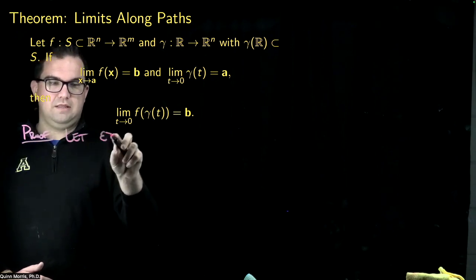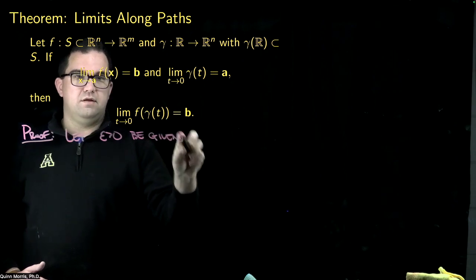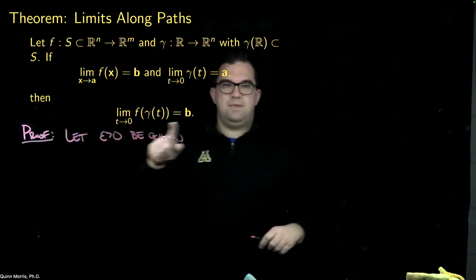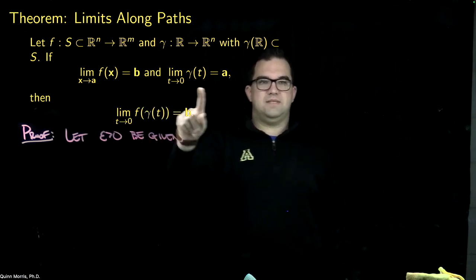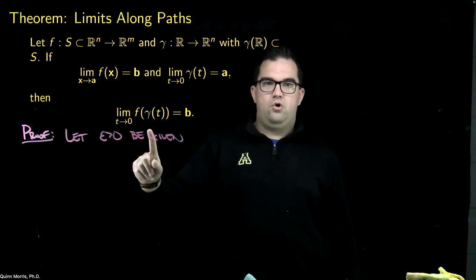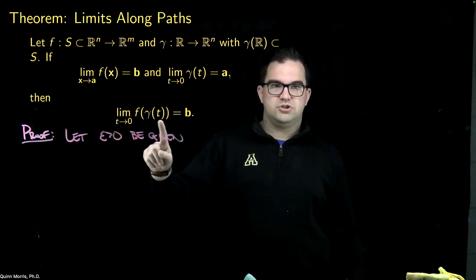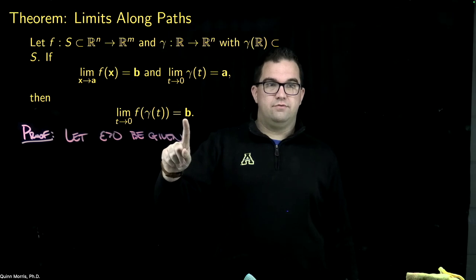So unsurprisingly, let epsilon greater than 0 be given. Our goal is to show that this limit is equal to b. We get to assume each of these limits exists. If I look at this function, it takes as an input t, which is a real number, and spits out a vector.